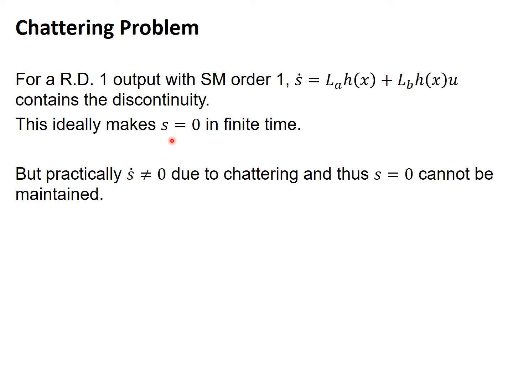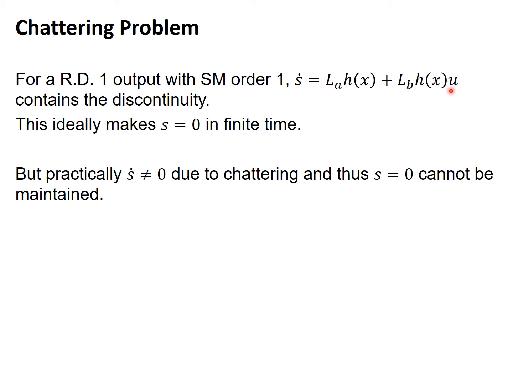Ideally this makes S equals to 0 in finite time, but practically S dot is not equals to 0 because of the chattering. Because of the finite bandwidth of the actuators, the control cannot be implemented with infinite frequency.